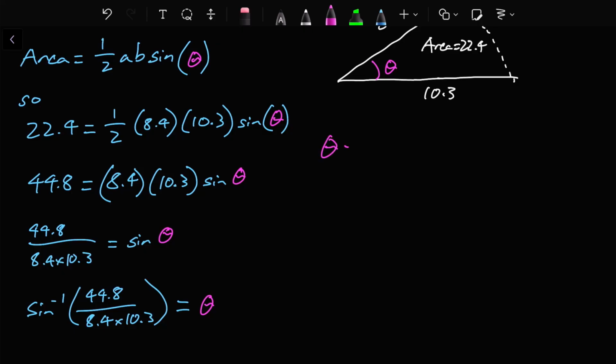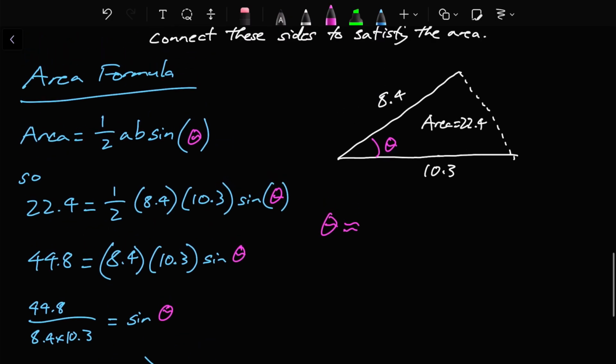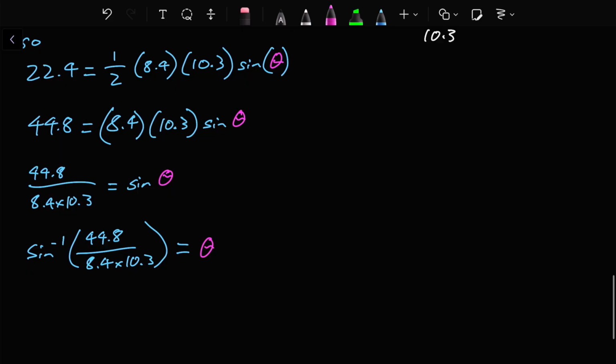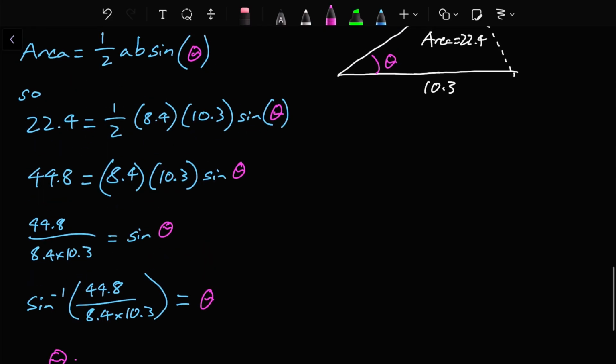So theta is roughly, actually I'll move it down because I'll make a point in a second. Theta is roughly second function sine 44.8 divided by 8.4 times 10.3. Be careful to make sure that you're dividing by that multiple thing.